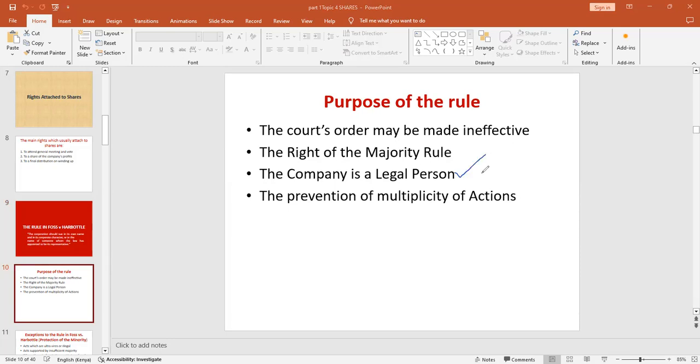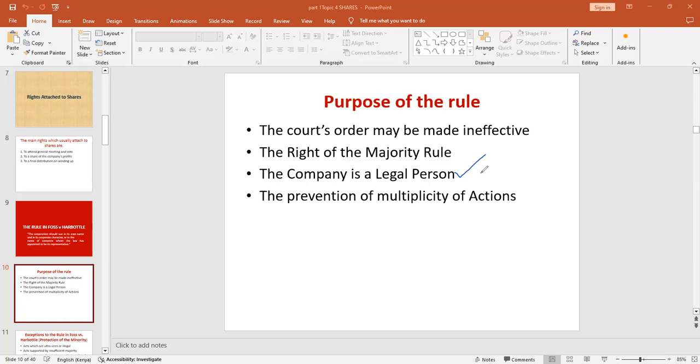That's number one. So if there is anything that isn't proper in the company, it should sue on its own because the company is a legal person. Okay. Remember, under the consequence of incorporation, a company is a person.